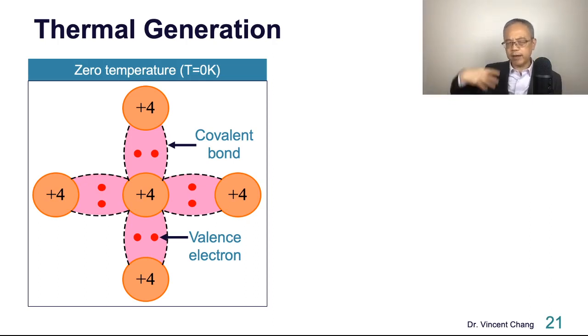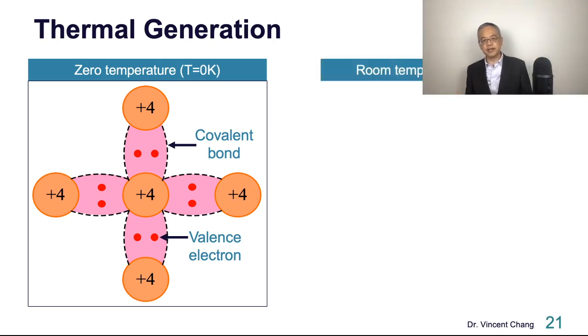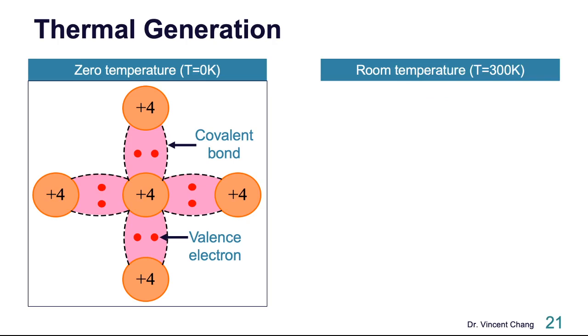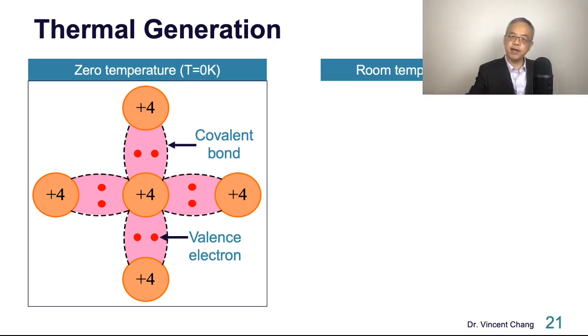But when temperature is increased, let's say at room temperature, 300 Kelvin. So if it's room temperature and then something changed, as you can imagine, when temperature increases, you go to the stove and then you get burned.